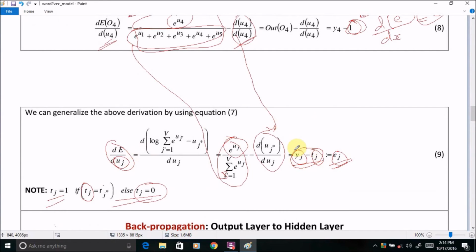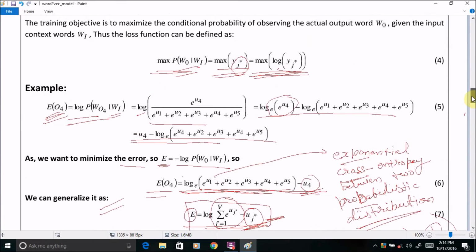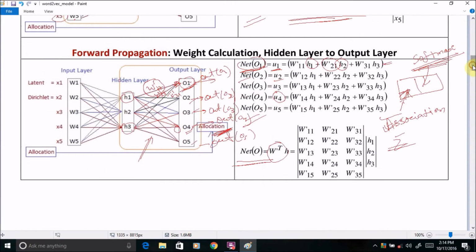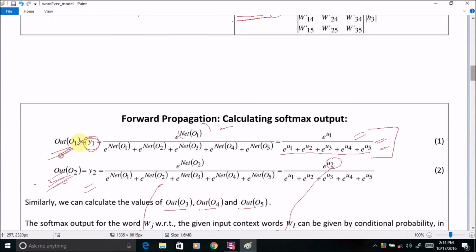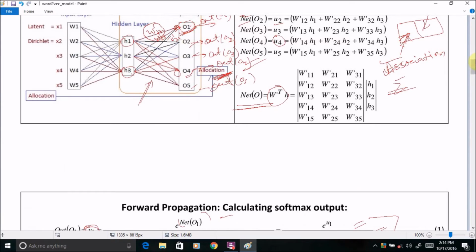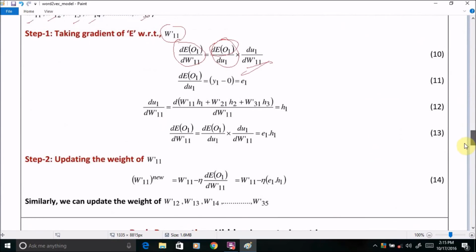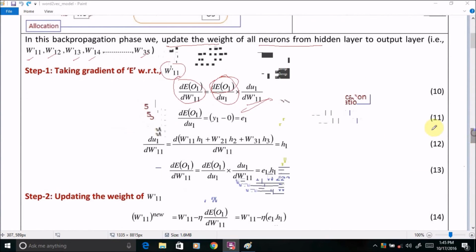This is the output score yj. Yj is equal to the output softmax function, so y1 is the softmax output of node O1. So here it will be equivalent to E1, the softmax output of node 1 minus 0. As this is not the actual output node, we can represent it as E1.